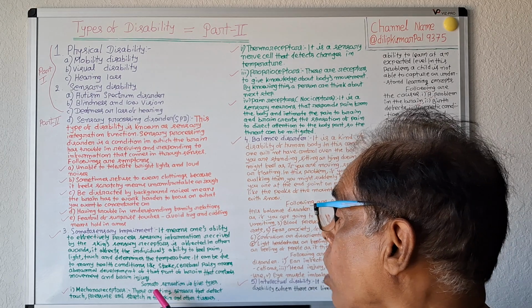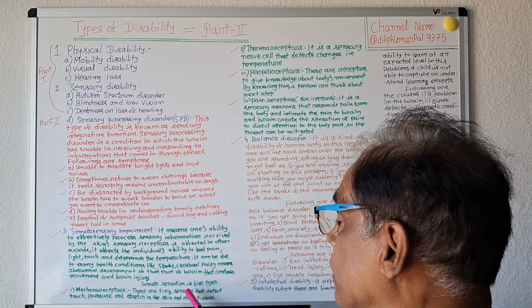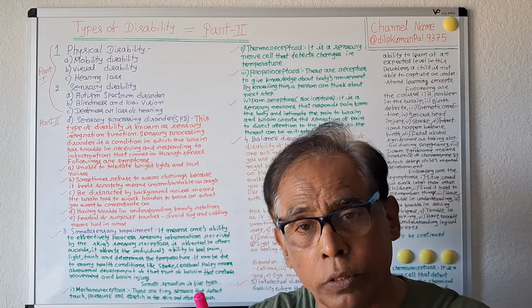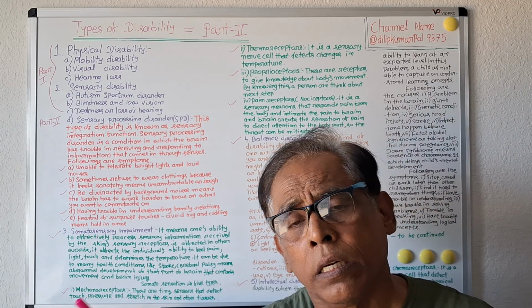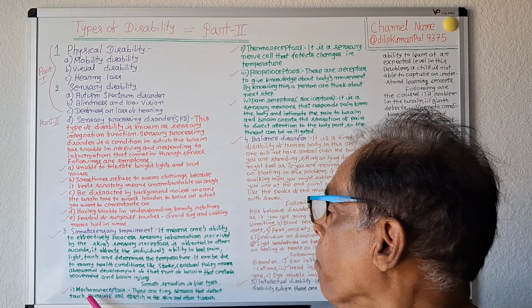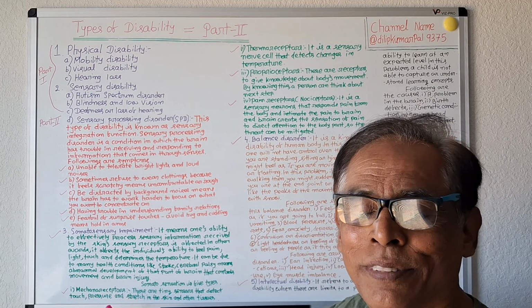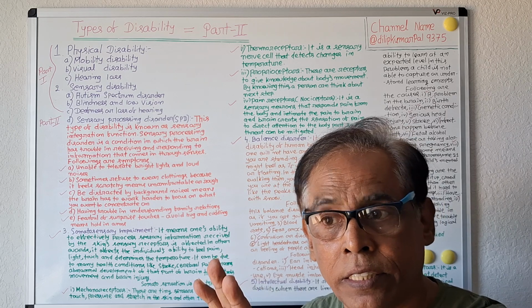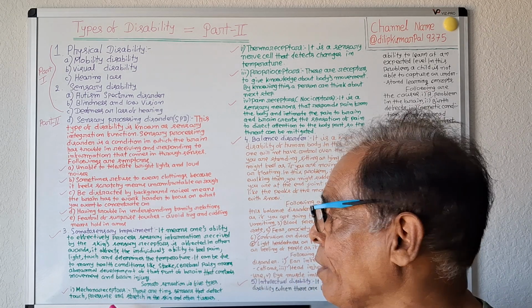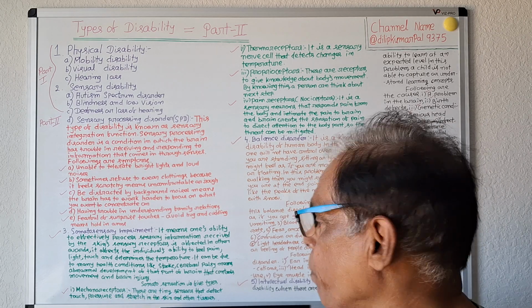Somatosensation has 5 types. There are various types of sense systems in the skin. Number 1, mechanoreceptors. What is the function of mechanoreceptors?